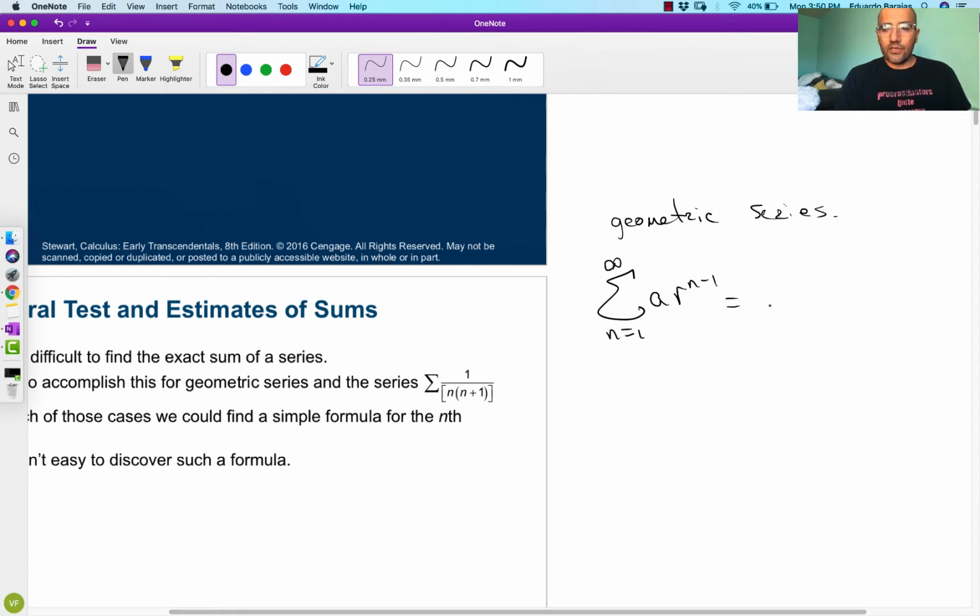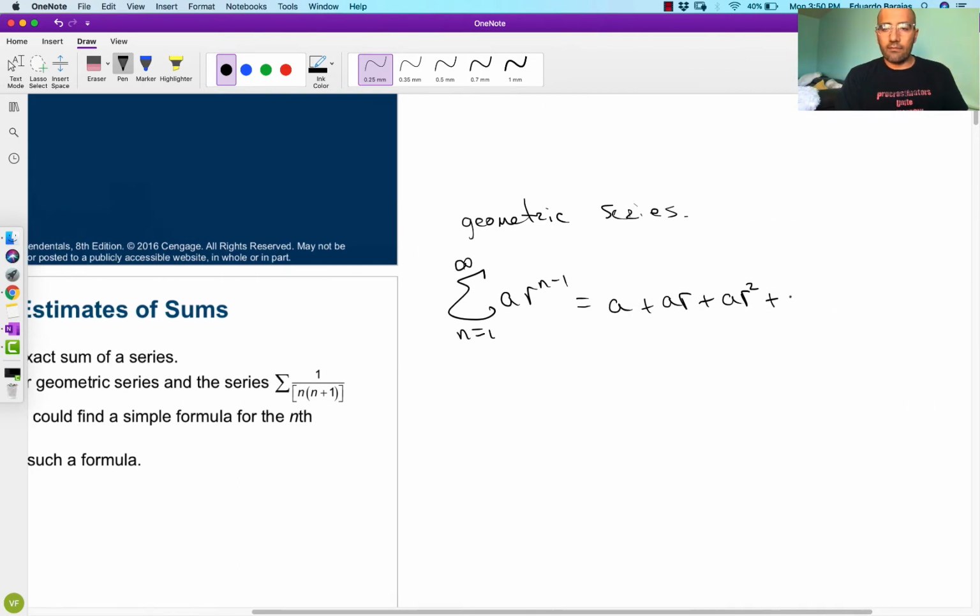And so this is something like a plus some constant a times r plus some constant ar squared plus some constant ar to the third power plus dot, dot, dot. We keep going like that forever. We want to figure out the sum of all of these.